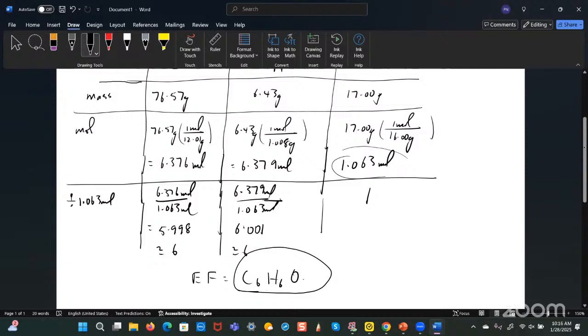Okay, any questions about this one? Any questions about this example? Any questions out there in Zoom?